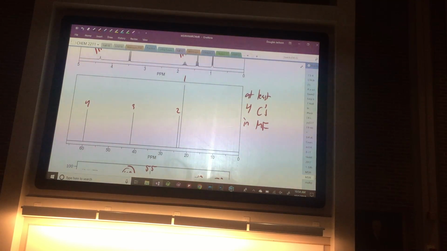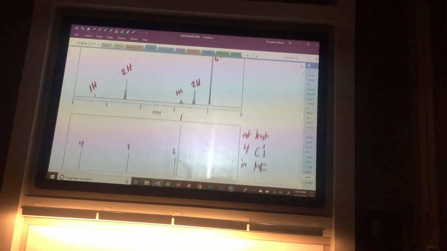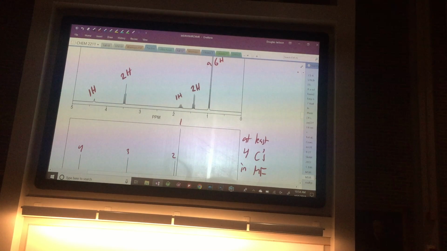Let's go to the hydrogen NMR. A, B, C, D, and E. Look at that: 6 plus 2 is 8, plus 1 is 9, plus 3 is 12. Whatever my molecular formula is, it better have 12 hydrogens accounted for, because the integration doesn't lie.